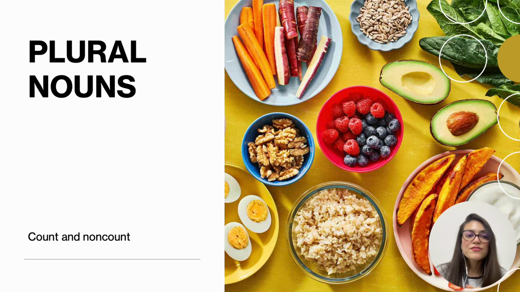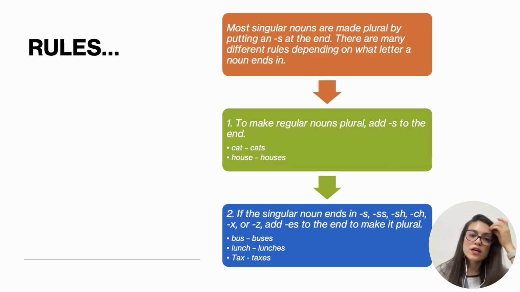So now we have the plural nouns. For plural nouns, we're going to have some rules, okay? So most of the singular nouns, we are going to make plural by putting an S at the end.